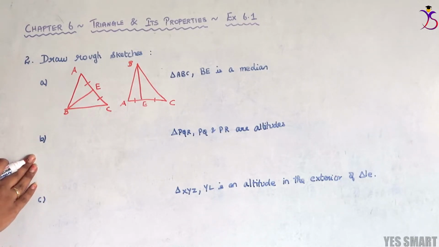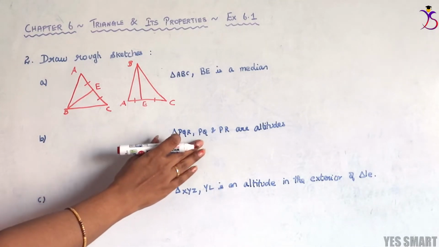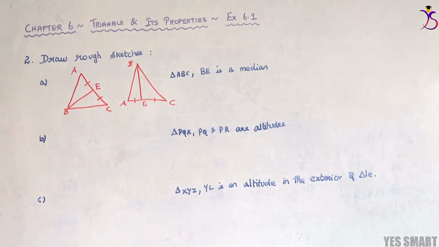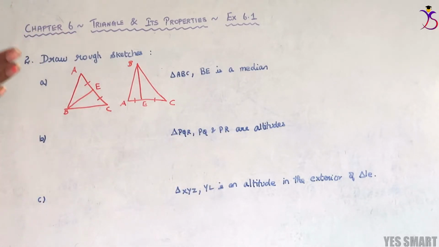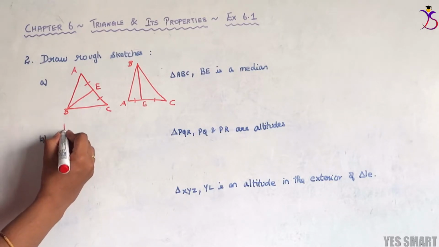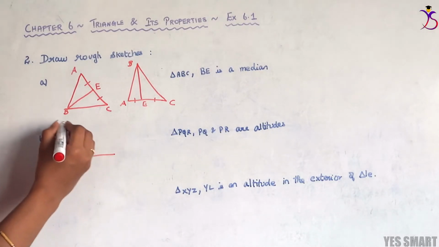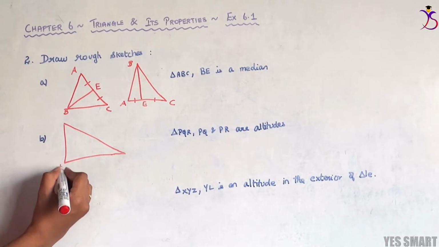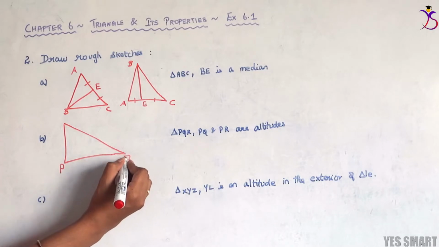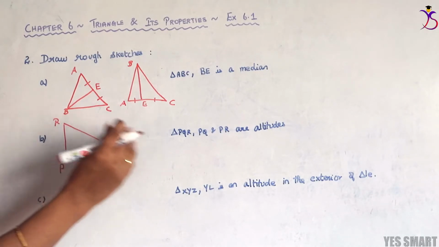Now moving to the B subdivision, triangle PQR. PQ and PR are altitudes. We already know that having two altitudes is possible only if it is a right angle triangle. So let's draw a right angle triangle and let's name it. Now PQ is an altitude, PR is an altitude.